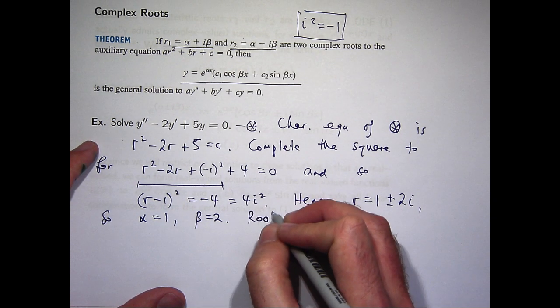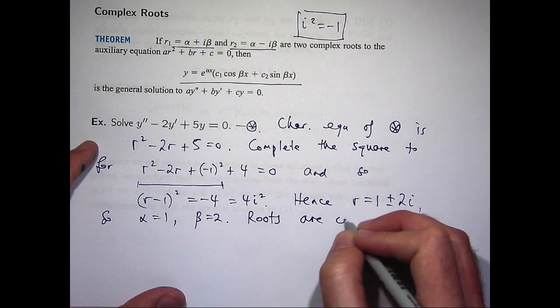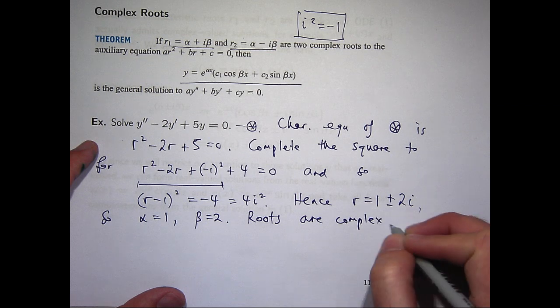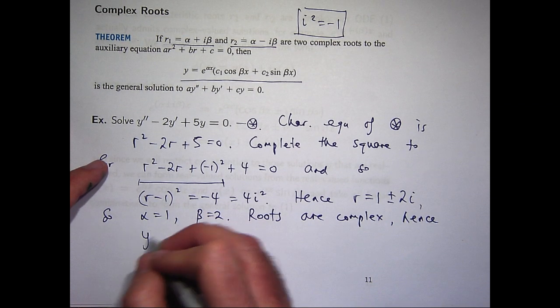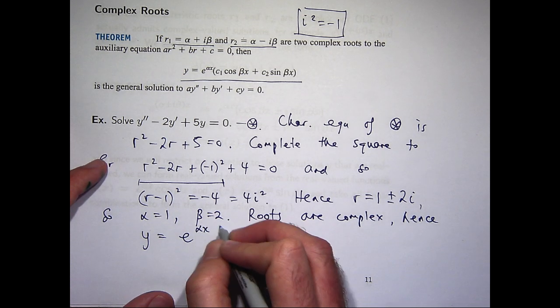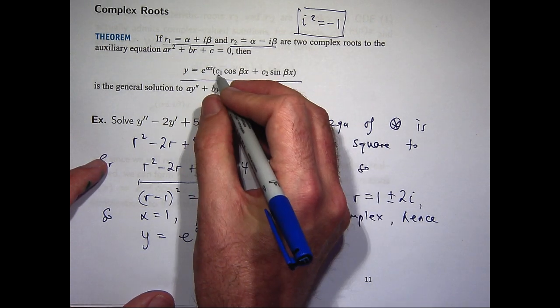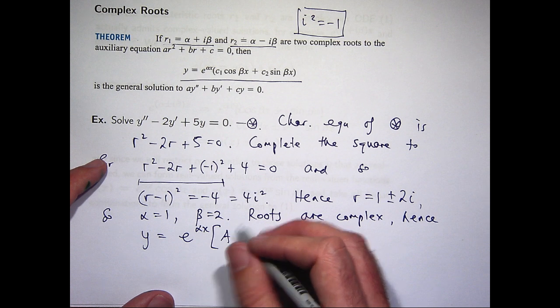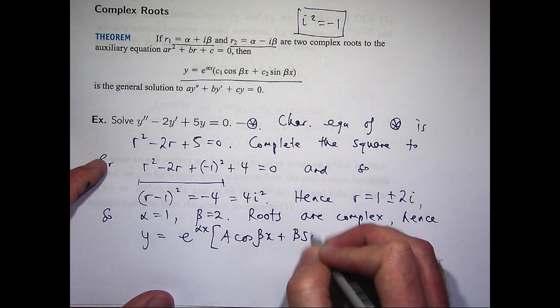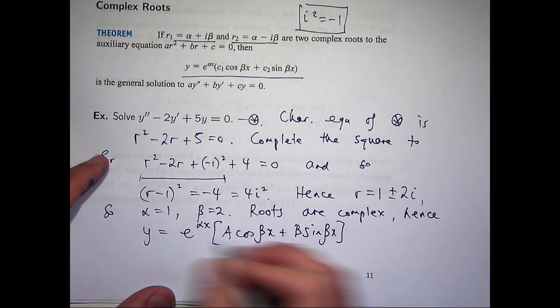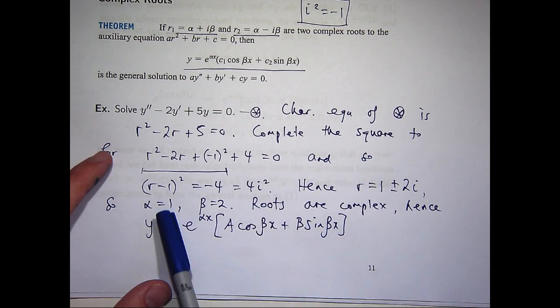So the roots are complex, hence the general form of the solution is the following. Again, instead of C1 and C2, I'm just going to use big A and big B. So I want to write that in terms of my alpha and beta.